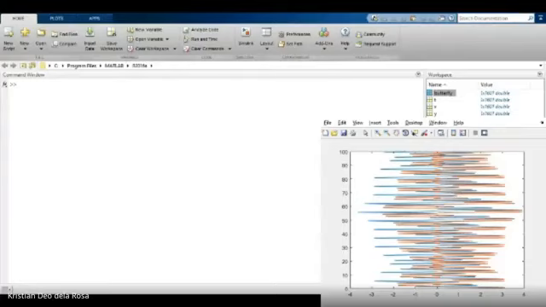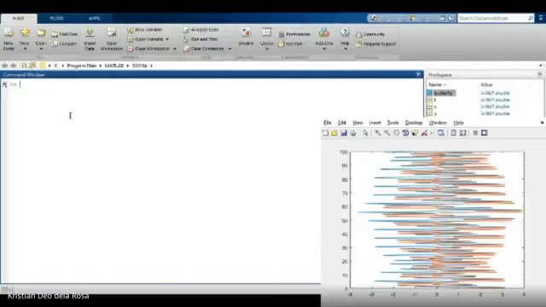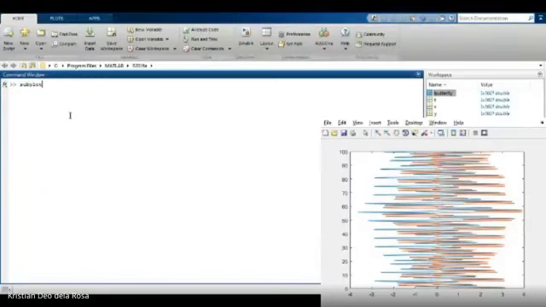Okay, so first row, second column. Okay. So for the second plot, so subplot, I need first row, second column at the z-axis.